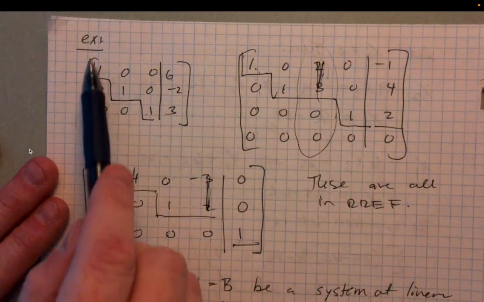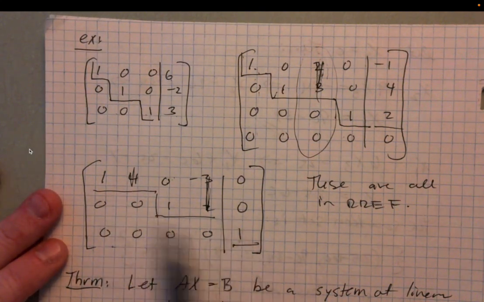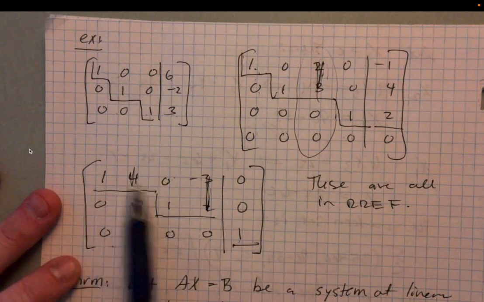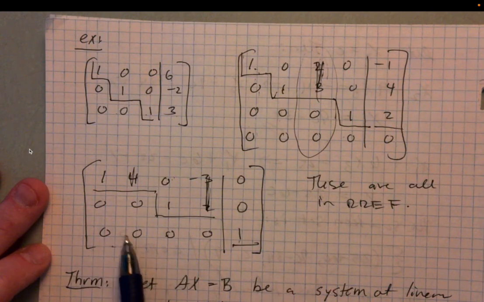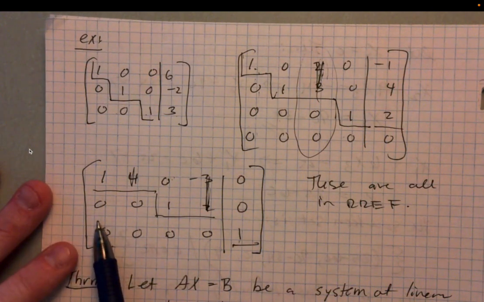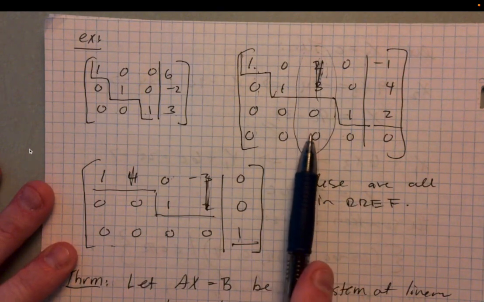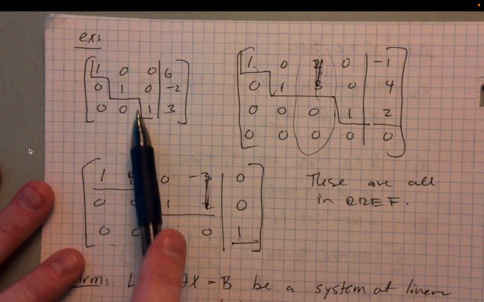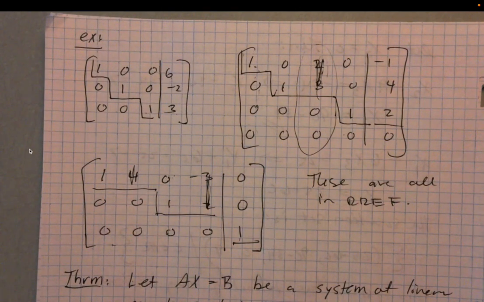And that's going to mean you're going to have a perfect stair-step situation like this. You could have a perfect stair-step with a 1 here and all zeros here, but then that would fall into condition 1, right? So if that's not happening and you don't have columns without pivots, then you must have a perfect stair-step like this, which means you're going to have a unique solution.